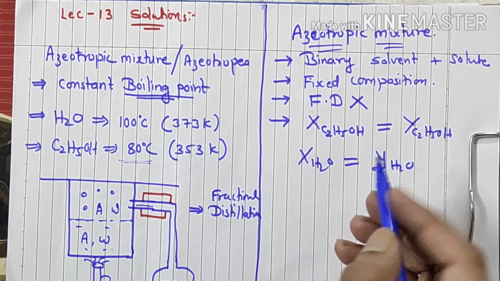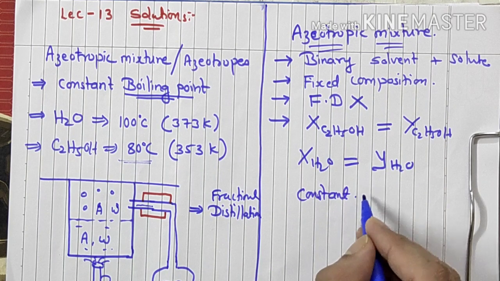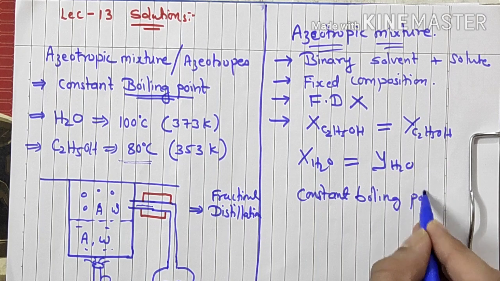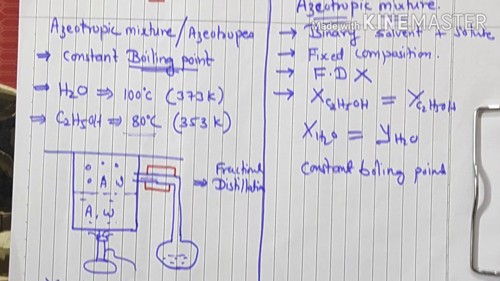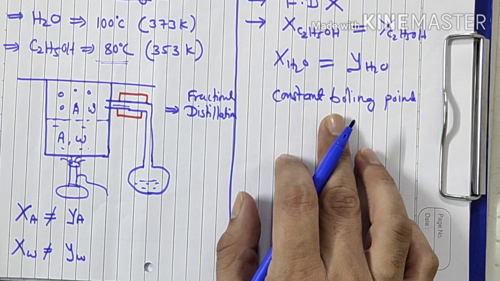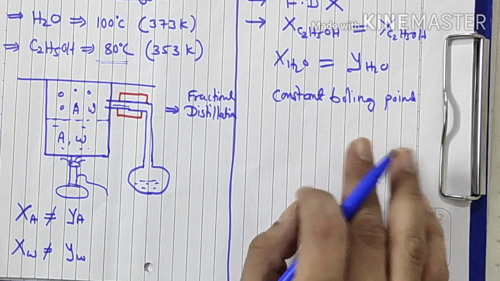Now student, understand again, they must have constant boiling point. What is this constant boiling point? I explained you before. Again I'm explaining. When I say constant boiling point, see, water का boiling point 100 है, alcohol का 70 or I say 80 है.